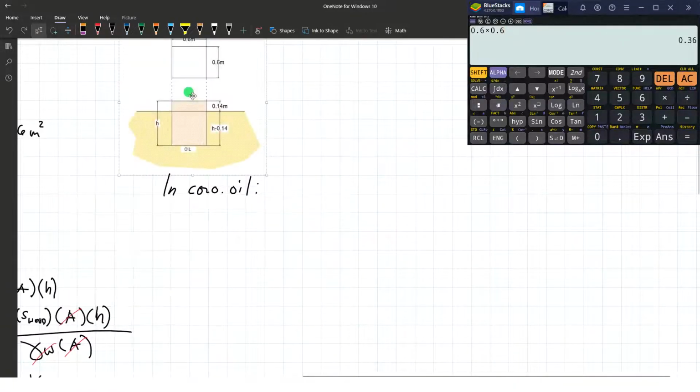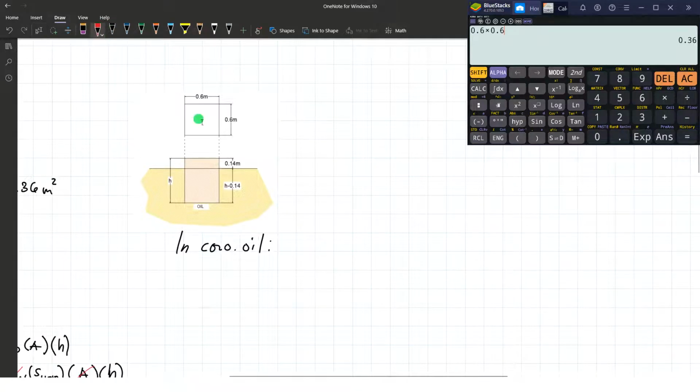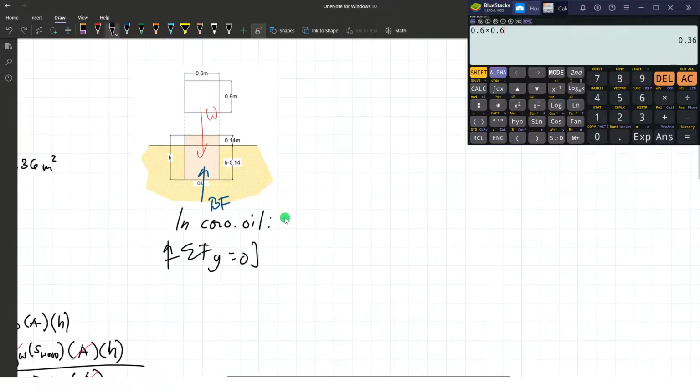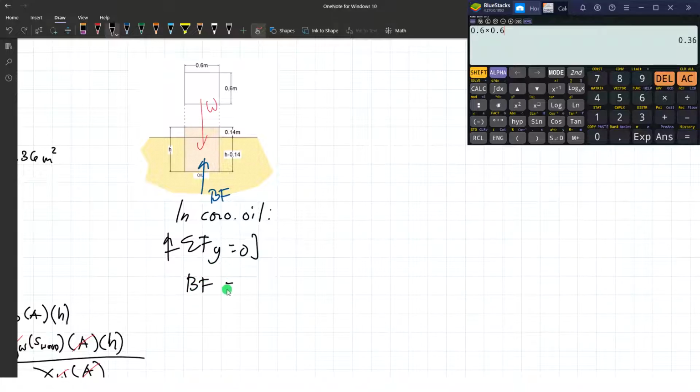So in coconut oil, we again make an equation taking the sum of the forces along the vertical. What are the forces present here again? We have the weight of the wooden block and the equivalent buoyant force. Taking the sum of forces along the vertical, upward positive, we have buoyant force minus weight of the wood equals 0.